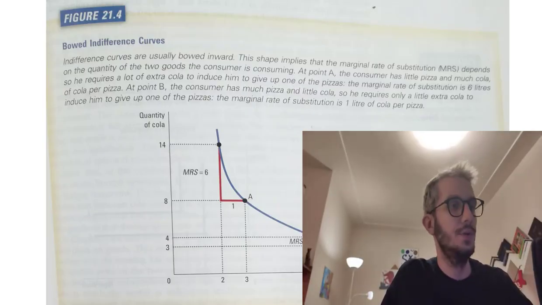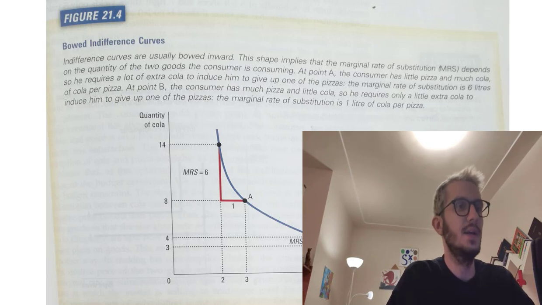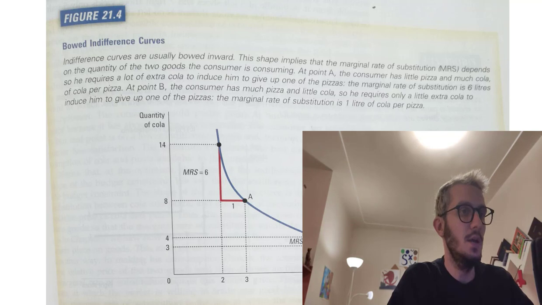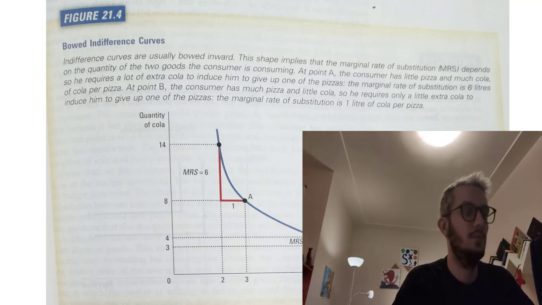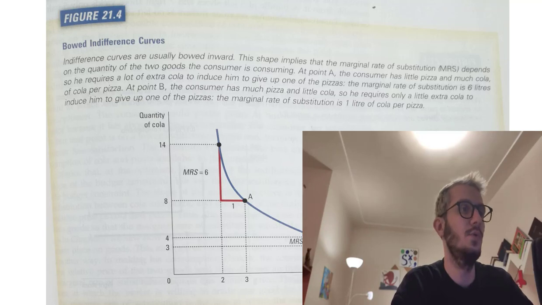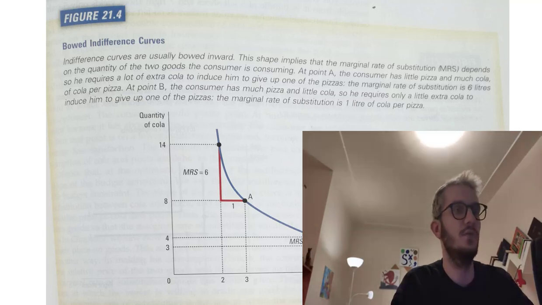Bowed indifference curves. So indifference curves are usually bowed inward. This shape implies that the marginal rate of substitution depends on the quantity of the two goods the consumer is consuming. At point A, the consumer has little pizza and much cola, so he requires a lot of extra cola to induce him to give up one of the pizzas.